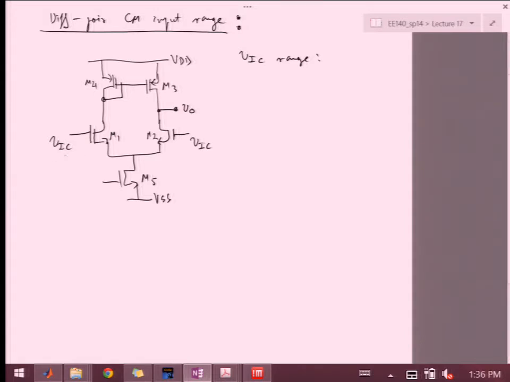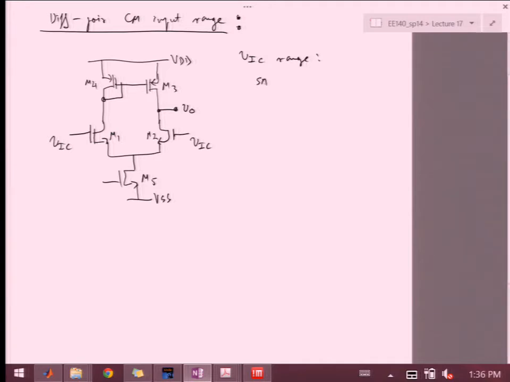So what do people think in terms of VIC? What is the range at which we want to operate this voltage VIC? What is it constrained by? In an amplifier, we want to keep transistors in what region of operation? Saturation.